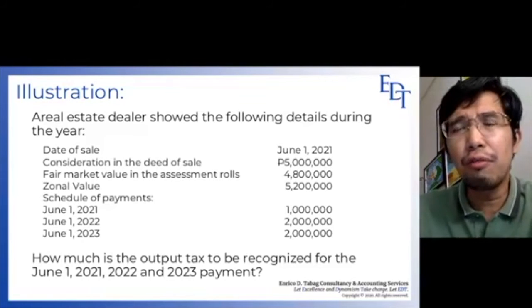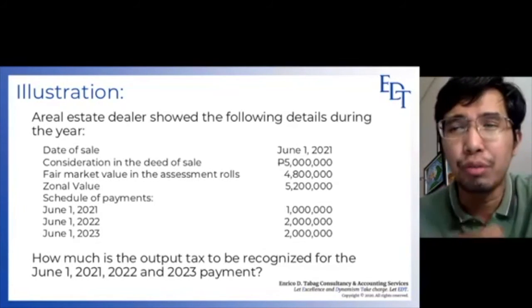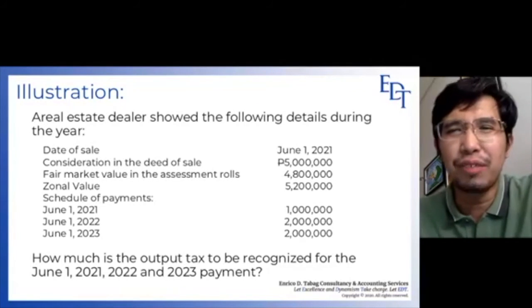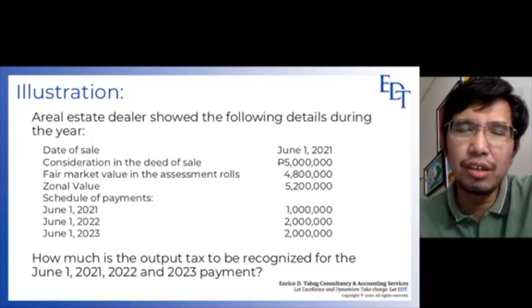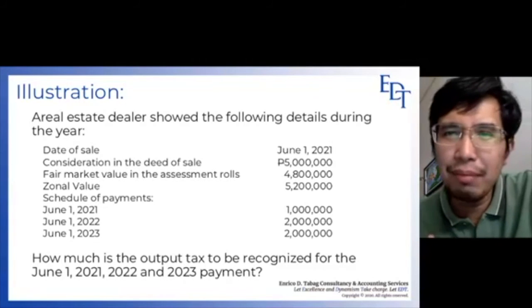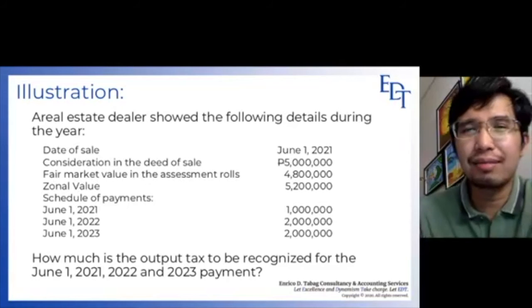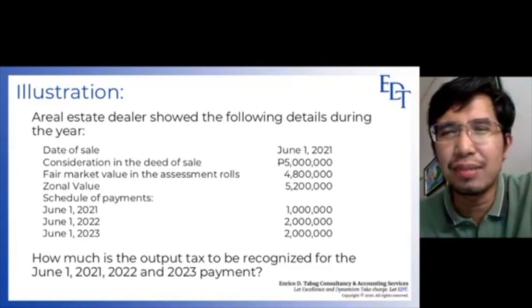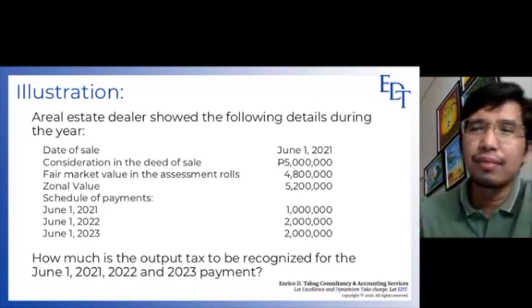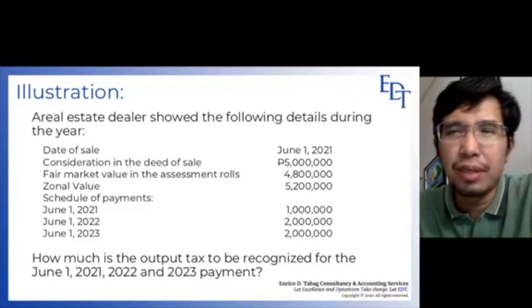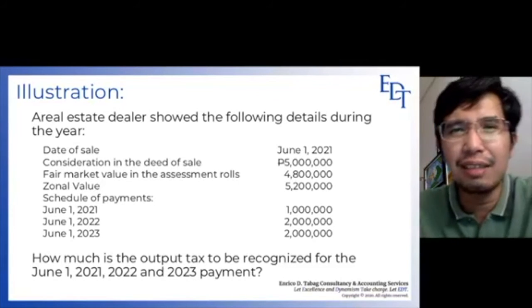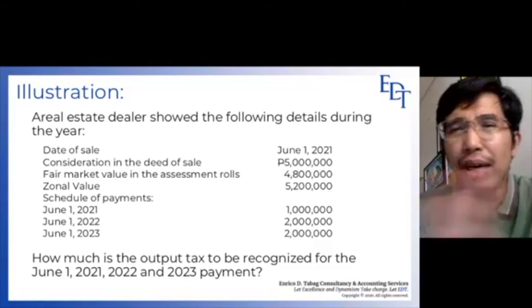So, we need to know first kung ano ang ratio ng initial payment over selling price. So, ang initial payment is, di ba, down payment plus all collections during year of sale, including excess of mortgage over cost, if any, pati interest and penalty. So, wala naman yung mga ibang items na yon.